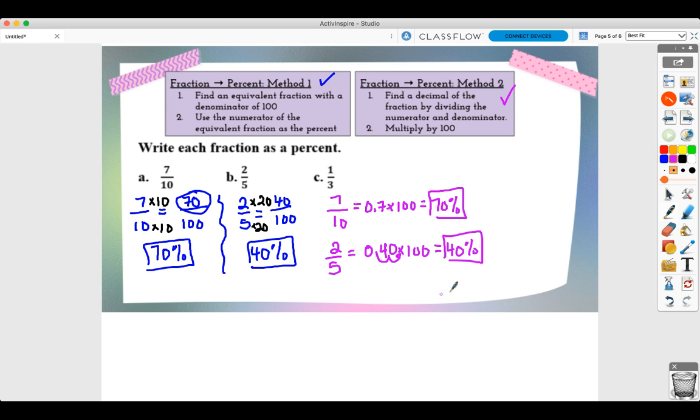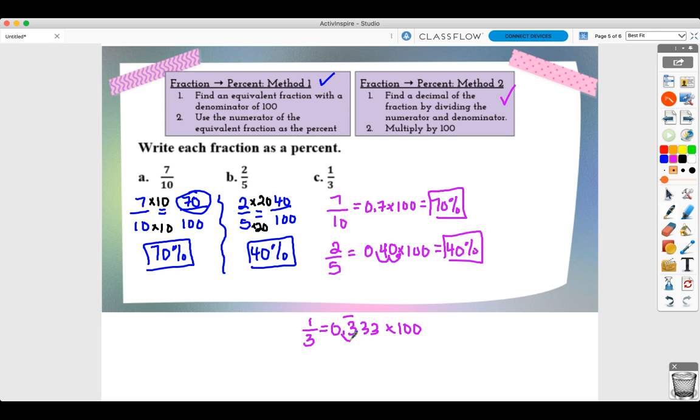So 1/3, I'm going to do kind of down here because I don't have space over there. And when you divide 1 by 3, you're going to end up getting 0.3 repeated, 0.33333 in your calculator. So that does matter because even without the repeated, this is just going to be 3, 3, 3, but it's a repeating 3. Now we're multiplying that by 100.